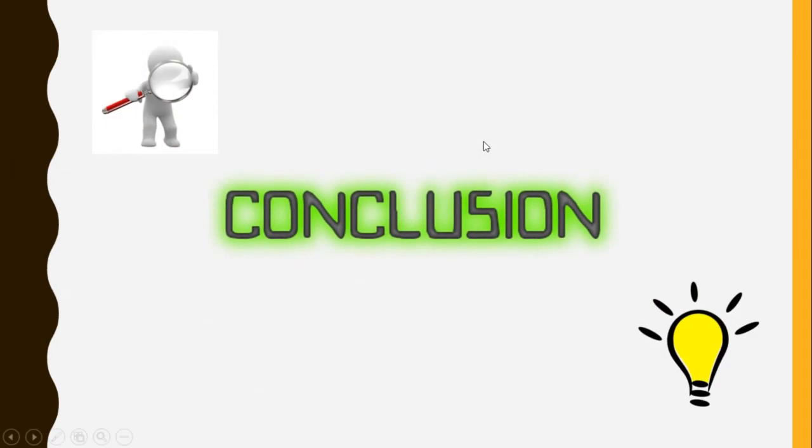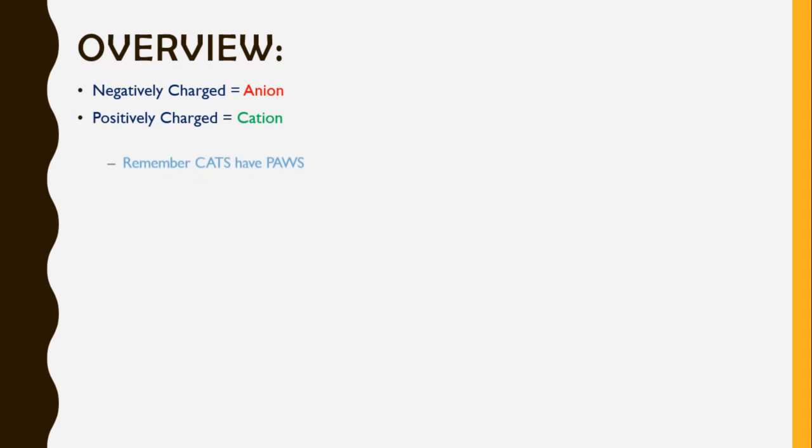So, in conclusion, an ion is a charged particle formed from the gain or loss of electrons in an atom. As an overview, negatively charged ions are going to be called anions, and positively charged ions are going to be called cations.